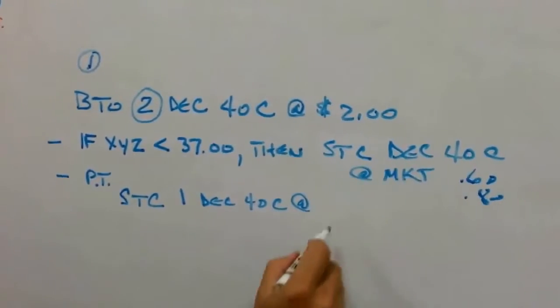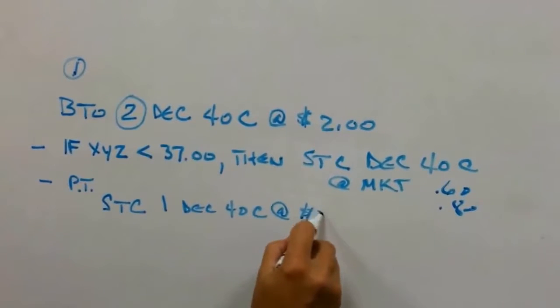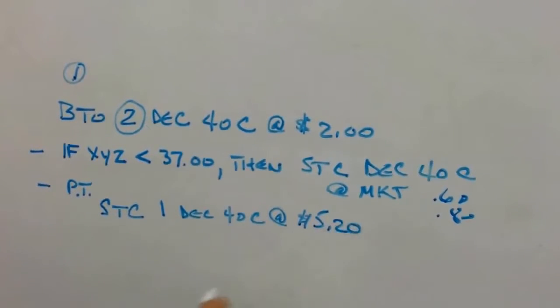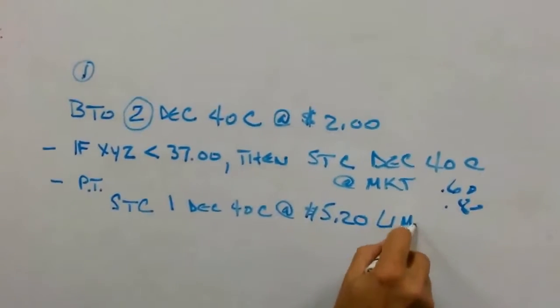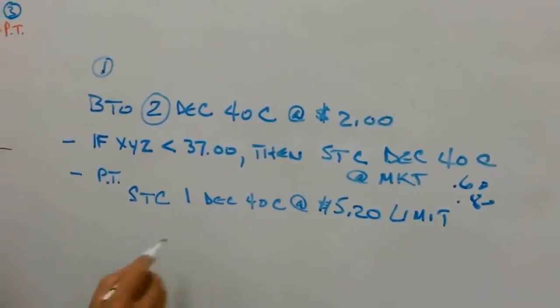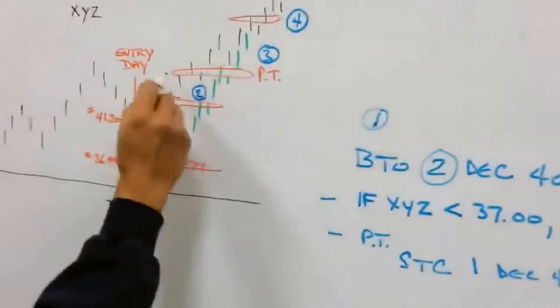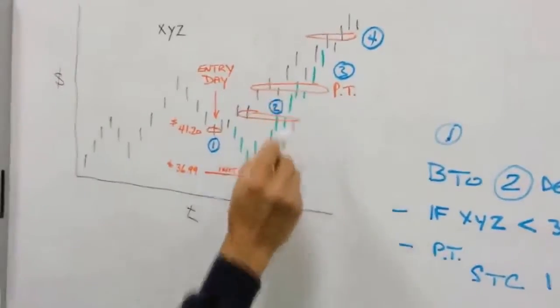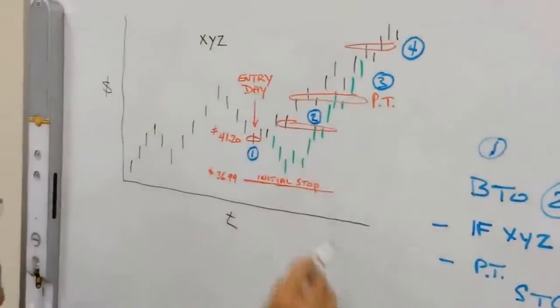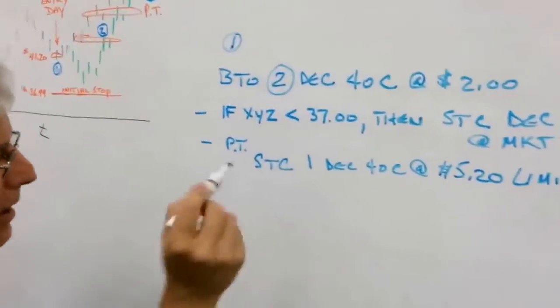It's calculated by the software. Let's say that's around 5.20. That's kind of typical. Limit.